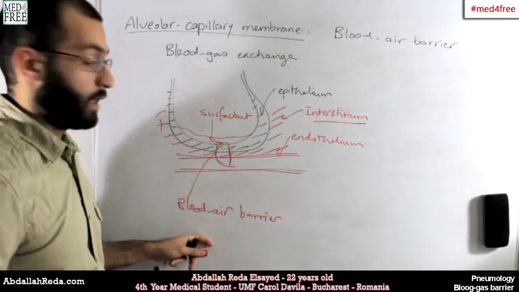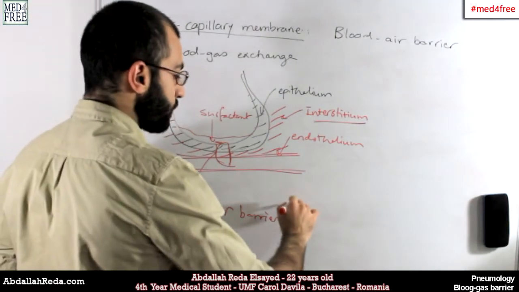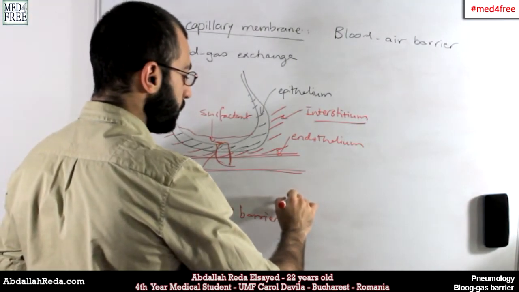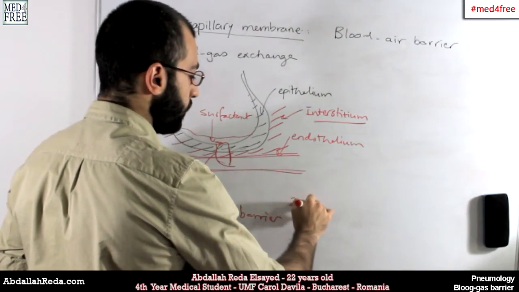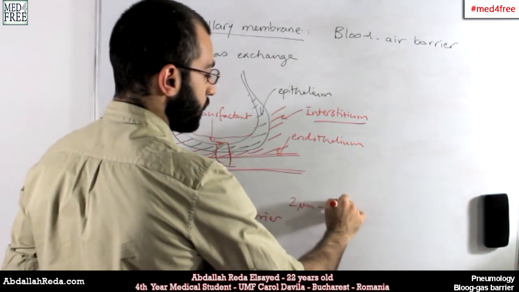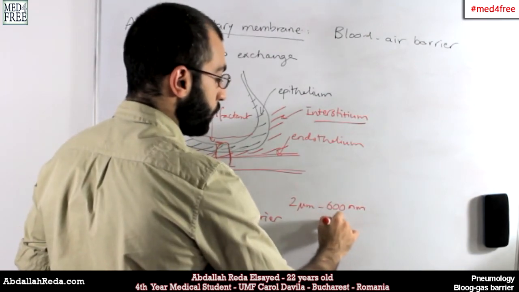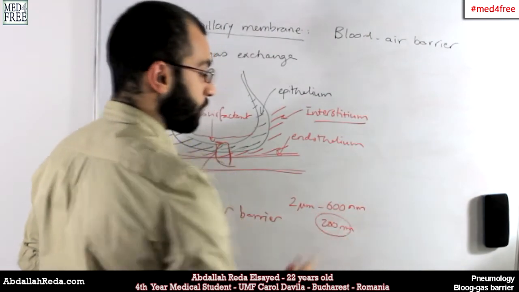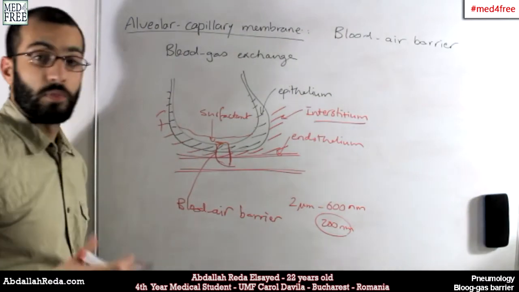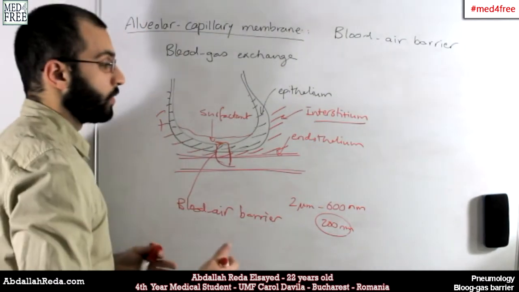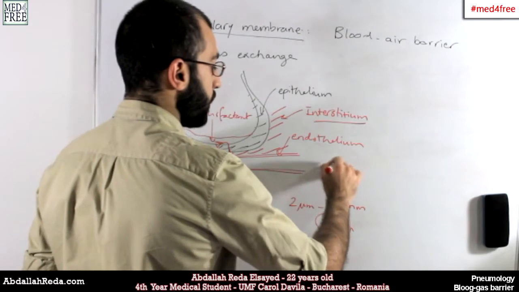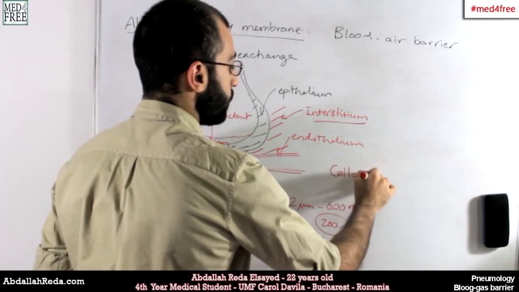The thickness of that structure can range from 2 micrometers to 600 nanometers, and up to 200 nanometers in some areas, so it's pretty thin, but it's relatively rigid due to the presence of the collagen fibers.